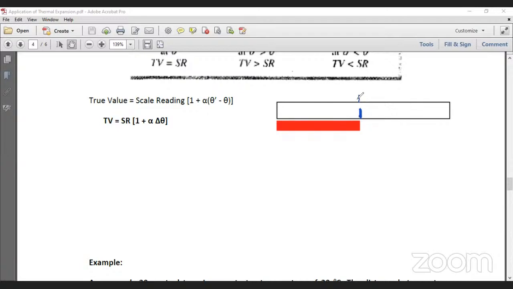I mentioned here that it is the true value. Think of it as the temperature at which this strip was made. The strip was made at that temperature, and the temperature now is theta.